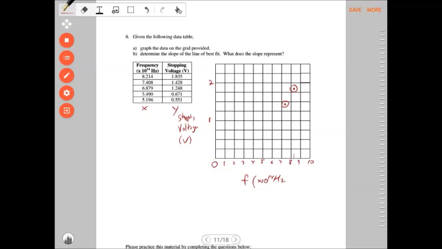Awesome. All right, 6.879, so that's almost 6.9, so that's pretty close to 7. And 1.24. Hey, that's awfully close to 1.25, so it's not on that line, but just below that line. Pretty close.